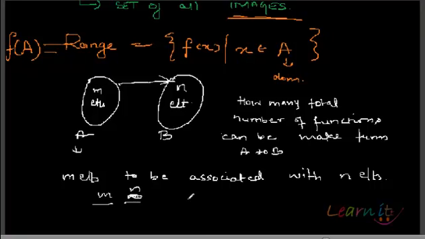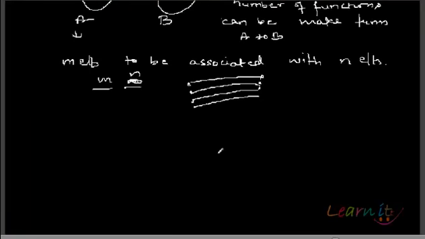Okay, now let's look at an example for that matter. Let's look at an example where we have to associate 4 elements to 6 elements. So our m is 4 and n is 6. It can be anything. So let's simply take 1, 2, 3, 4 as my domain, and 1, 2, 3, 4, 5, 6 as my codomain.